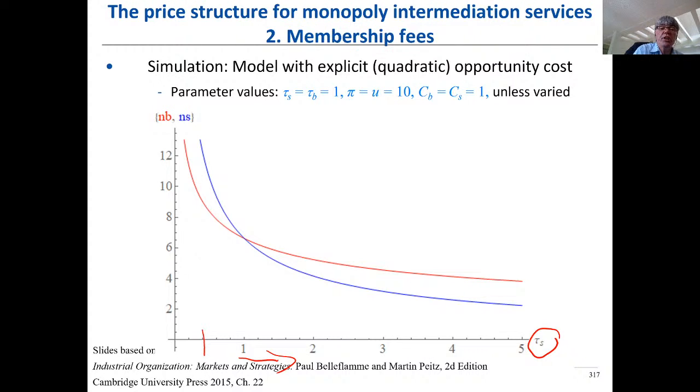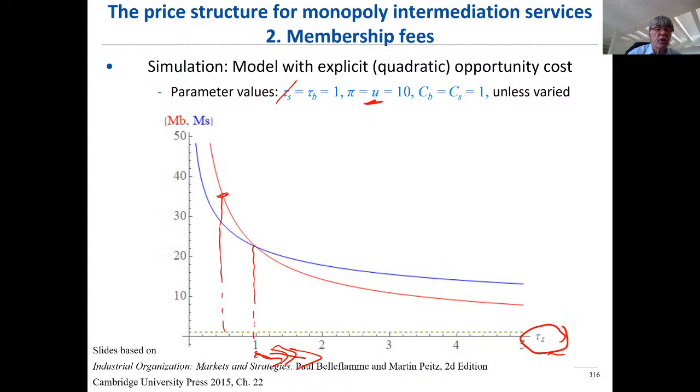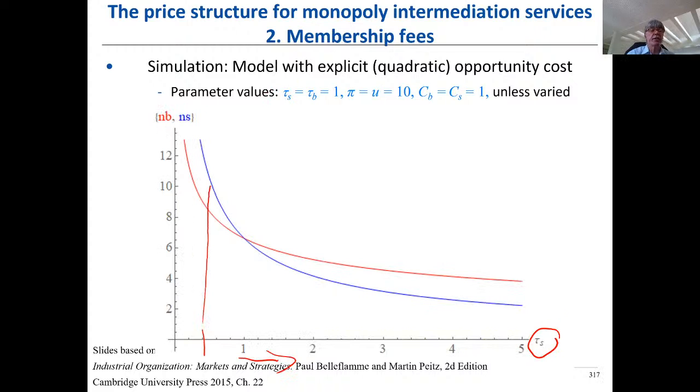If you decrease tau_S, you will get many more sellers, it's easier to join, and you have this other effect on the buyers, who have to pay more. And then you get this change in the number of firms. Hopefully, this somehow illustrated that.